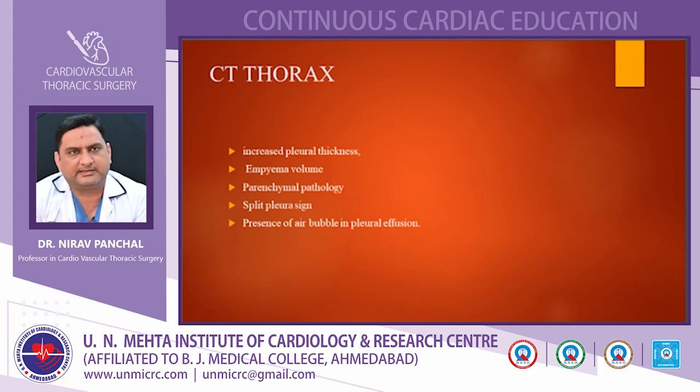Plus we can assess the pleural thickness, the parenchymal pathology, associated consolidation, lung abscess, any pulmonary tuberculosis, and associated bronchopleural fistula. We can also assess the presence of air bubbles in the pleural effusion, which is a clear-cut indication of empyema, as well as the split pleura sign, which is the hallmark of empyema on CT scan.